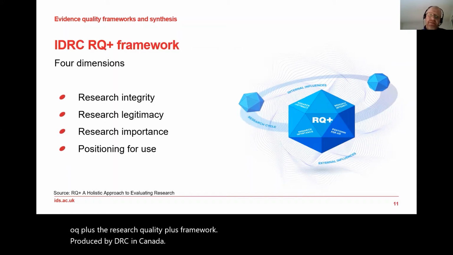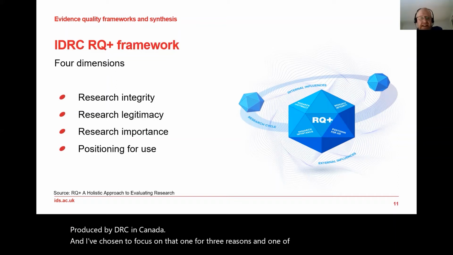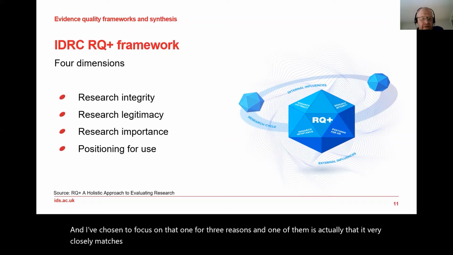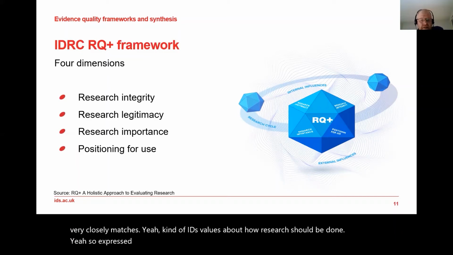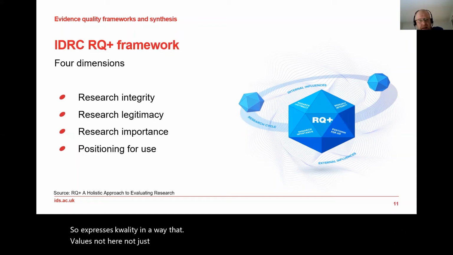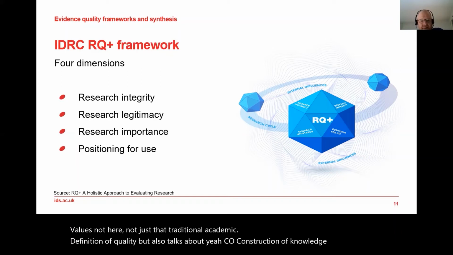And I've chosen to focus on that one for 3 reasons, and one of them is actually that it very closely matches kind of IDS values about how research should be done. So it expresses quality in a way that values not just that traditional academic definition of quality, but also talks about co-construction of knowledge with local partners and the communities being studied.